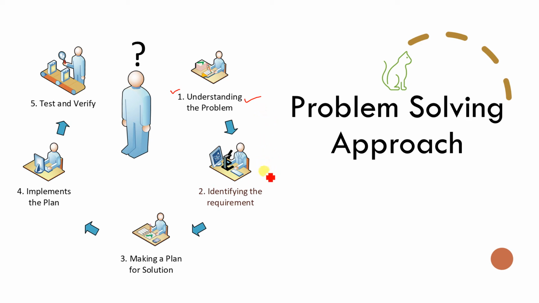Then comes the next step, identifying the requirement. Whenever a problem is given, you should understand what input the problem should take. So we think about what input we are going to give to the solution, and after the solution is over, what output it will give you.